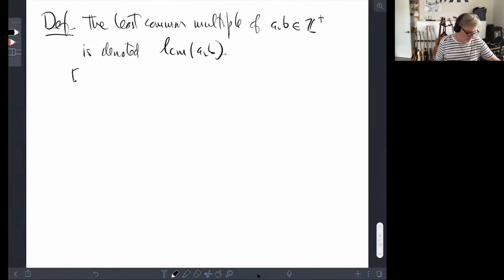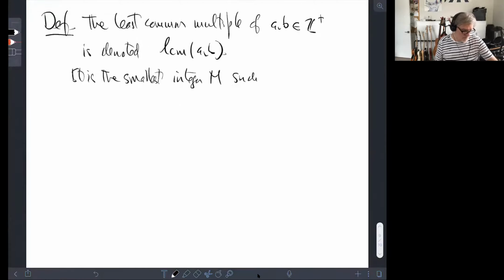It is the smallest integer m such that a divides m and b divides m.